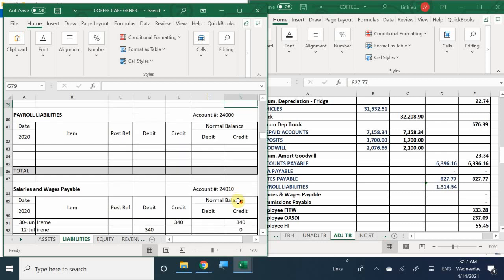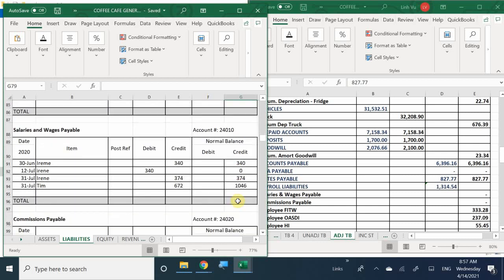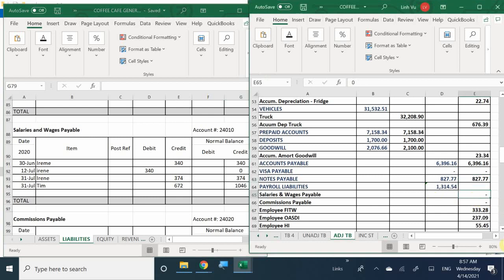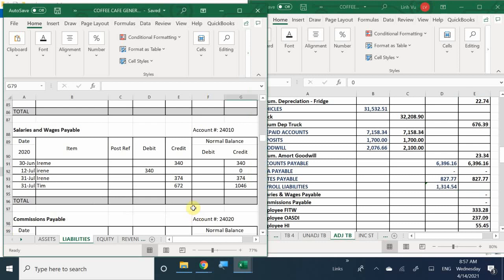So we're going to go ahead and continue on. Next is payroll liabilities. Do we have an account balance for our salaries and wages payable? 1046, right?